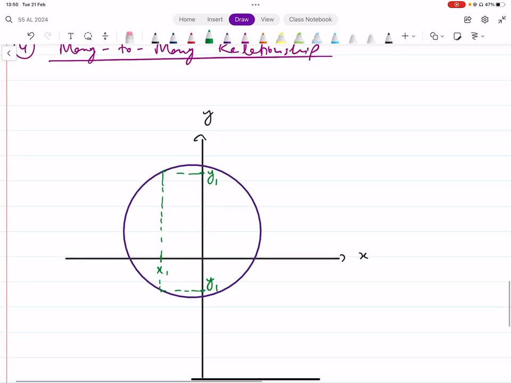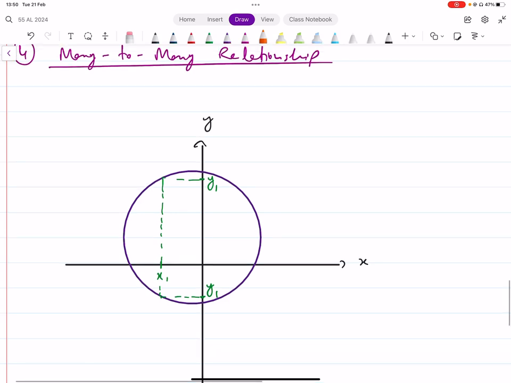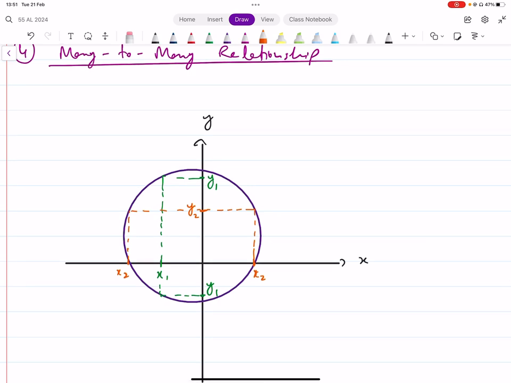And also, if I take one value of y, for example this value, let's call this y2, it corresponds to one value of x here and also another value of x here. So one input gives multiple outputs, and one output can also come from multiple inputs.